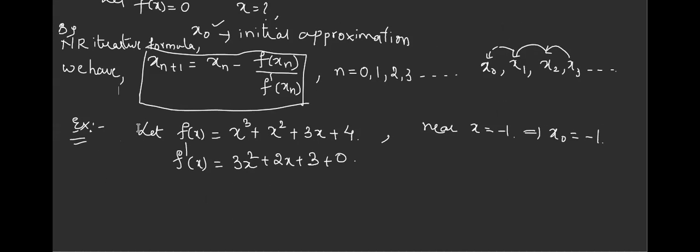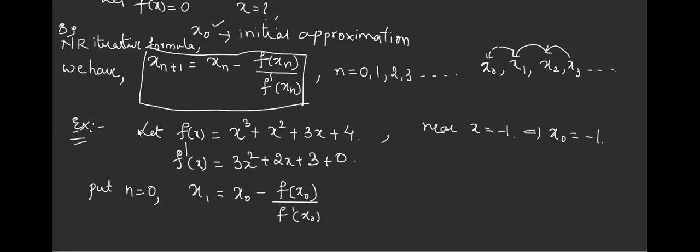First, which is the first value of n to be used here? 0. Then put n equal to 0. If n is 0, what will we get? x 0 plus 1 is x1, which equals x naught minus f of x naught divided by f dash of x naught.